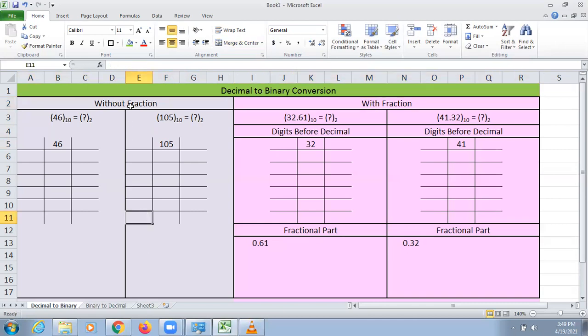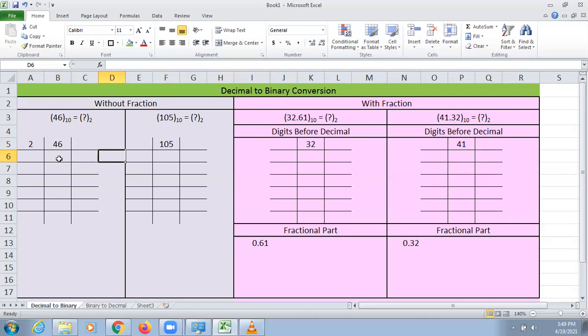Let us understand without fraction, like if the number is simply 46 or 32 or 108 or 260, how to convert it into a binary number. Every time you have to divide that number by 2.